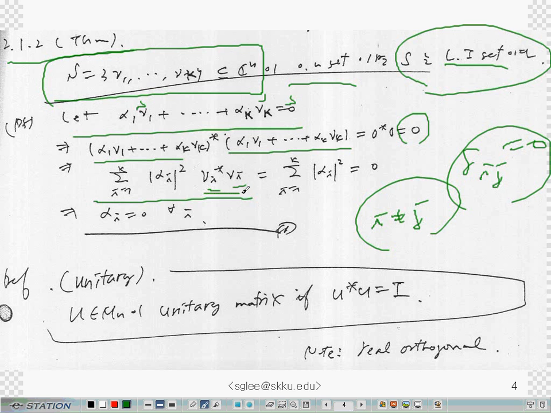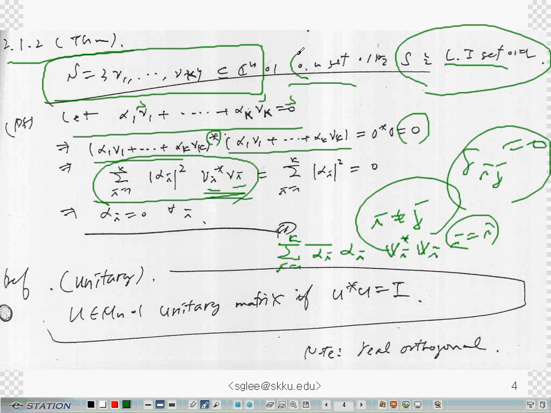So only the same ones are left. And since this was a complex conjugate, we have alpha i here and alpha i here and vi star and vi here, and the summation from i equal 1 to k. That's what we have here.